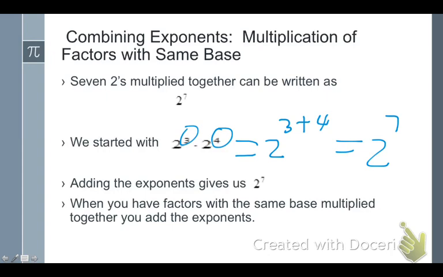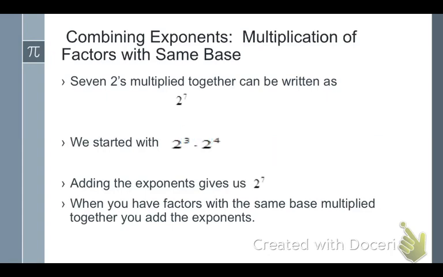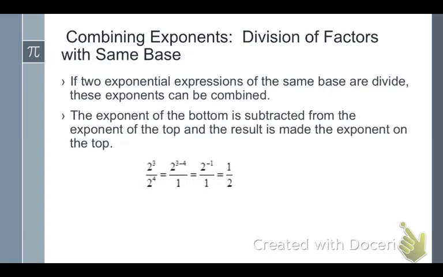So the next thing we're going to encounter looks similar. Division. So if multiplication is addition of exponents, notice the bases of my 2 to the 3rd, 2 to the 4th, bases of 2 in both. Division can be done using subtraction. So I subtract, the top exponent is a 3, and I subtract the bottom exponent of 4, and that leaves me with a 2 to the negative 1 on top.